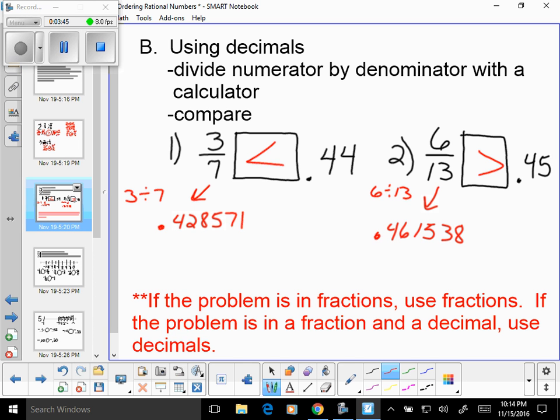Now here's the thing. If they give you a problem like we had in part A, the 7/8 and the 5/6, the 7/20 and the 1/2, if the whole problem is in fractions, you've got to stick with fractions. Use that shortcut method. But if the problem is in a fraction and a decimal, such as this, then I can use decimals and use my calculator.